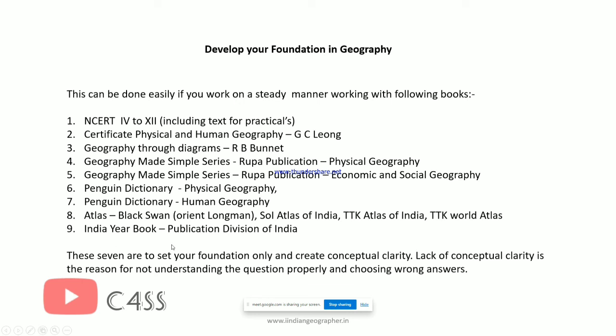Now, another important thing which I had shared through the group is the India Yearbook. This is crucial, because most of the Indian programs that are running, be it in the Rural Development Department, the Urban Development Department, the Textile Ministry, or the Mining or Industry Ministry, all those things that are current and have some geographic conditions or implications, especially through regional planning and development, you will get here.